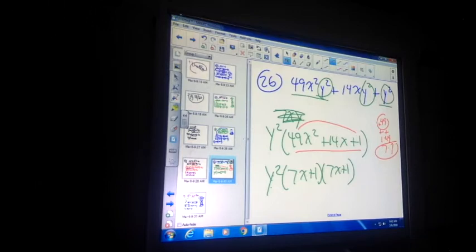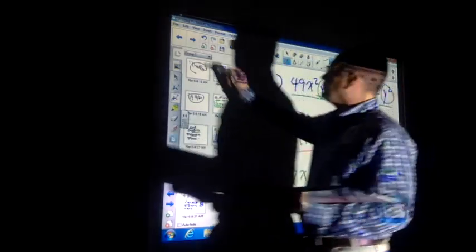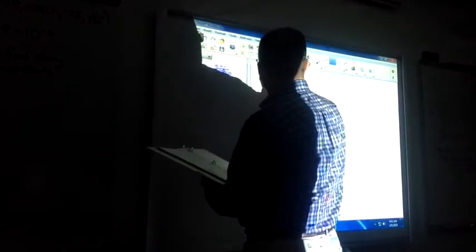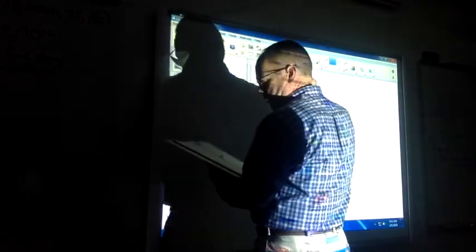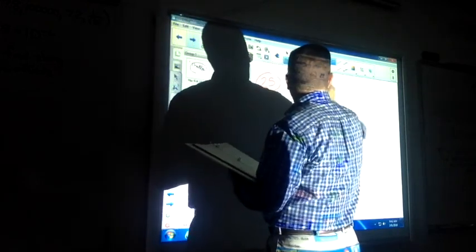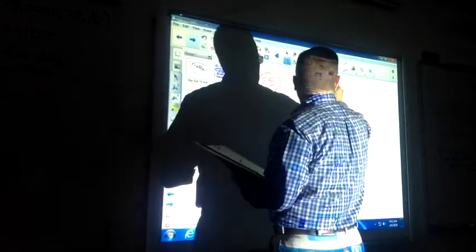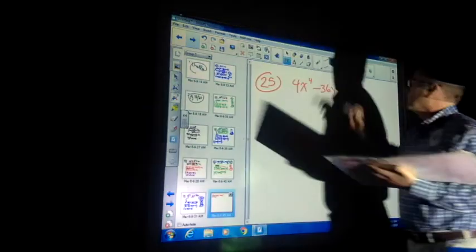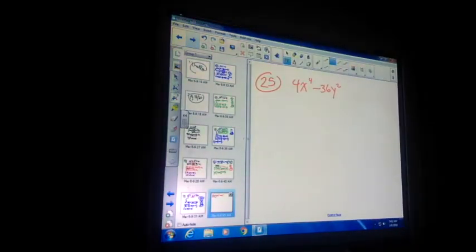25? 23? 25 says 4x to the fourth minus 36y squared. Is that right? Yeah. Does that appear to be the difference of two squares?